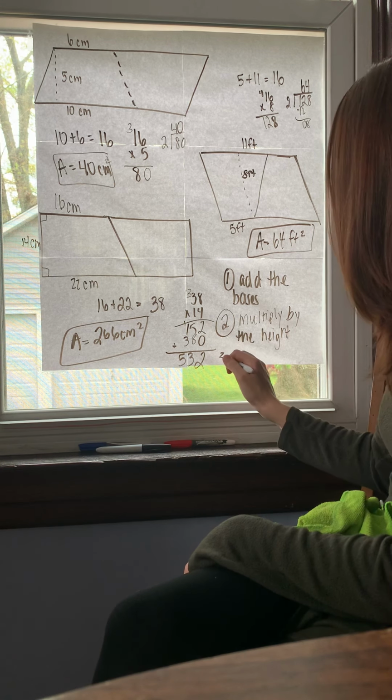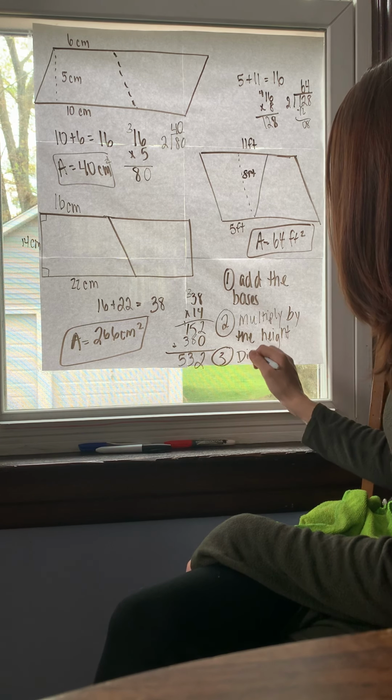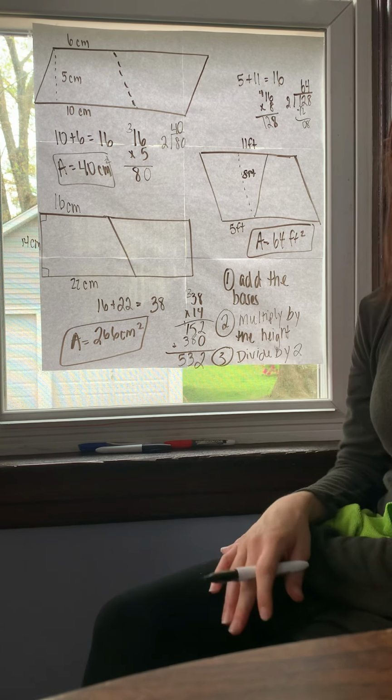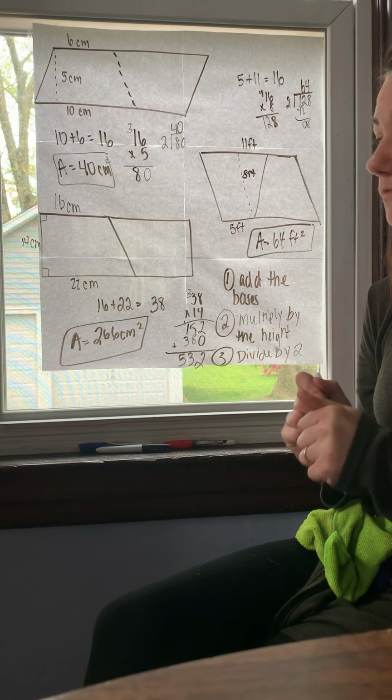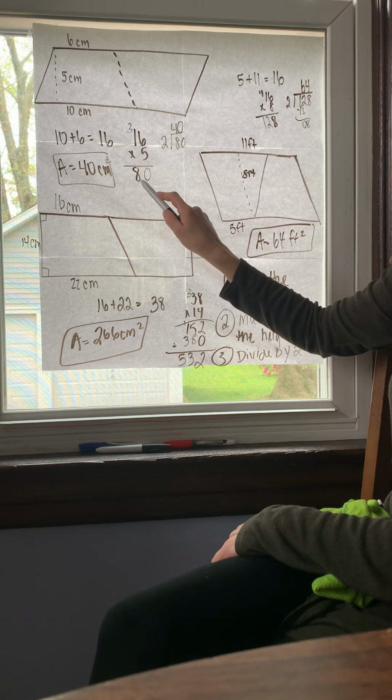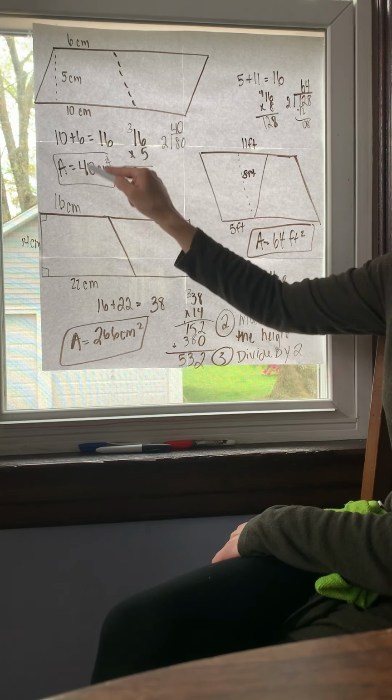And step 3, you divide by 2. So add the bases, multiply by the height, divide by 2, and there's your area.